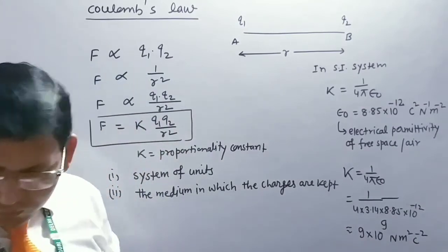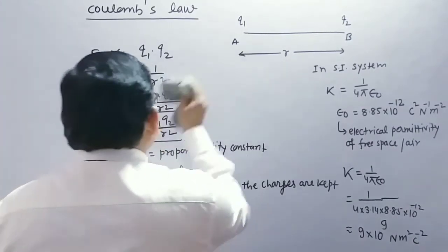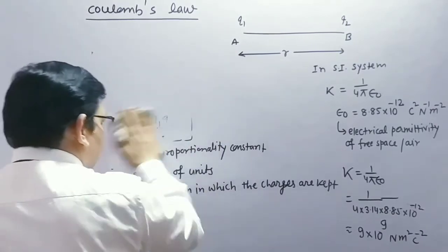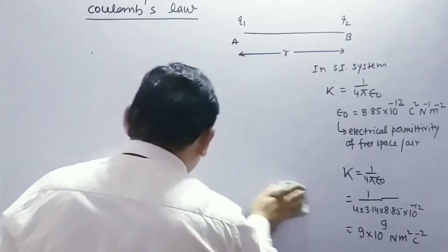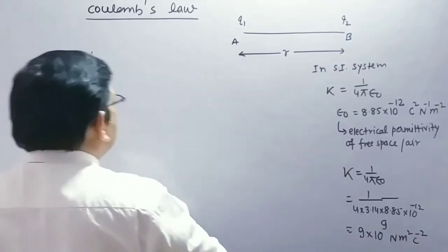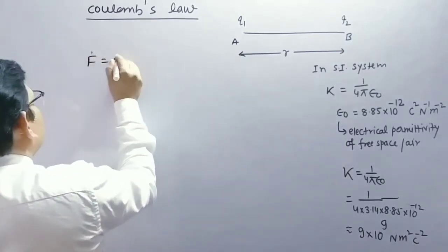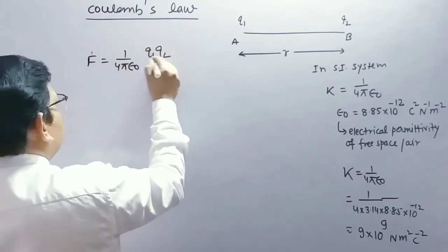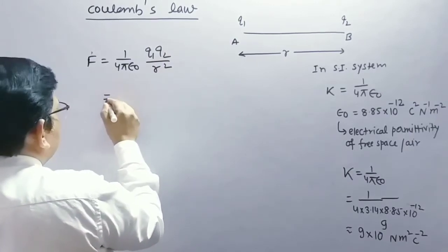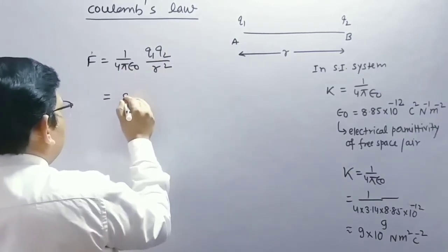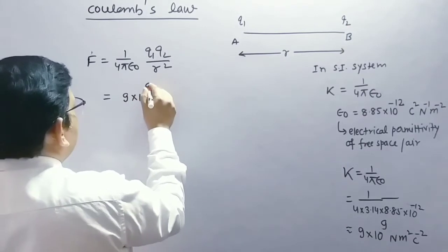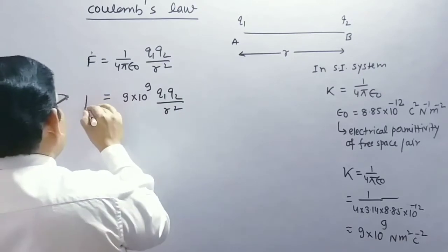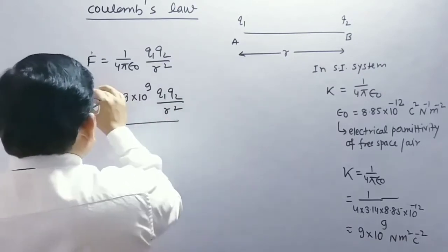So finally Coulomb's law becomes F is equal to 1 by 4 pi epsilon Q1 Q2 by R square. For numerical problems, for 1 by 4 pi epsilon we can use 9 into 10 to the power 9, so F equals 9 into 10 to the power 9 Q1 Q2 by R square. That is one of the formulas.